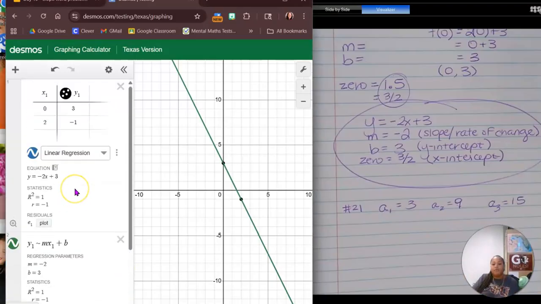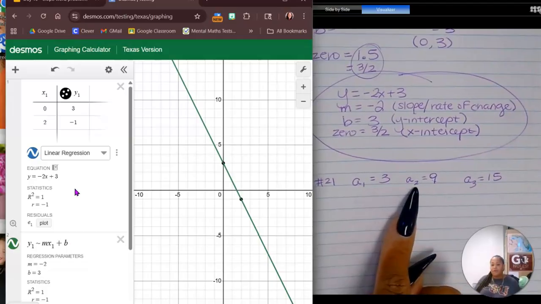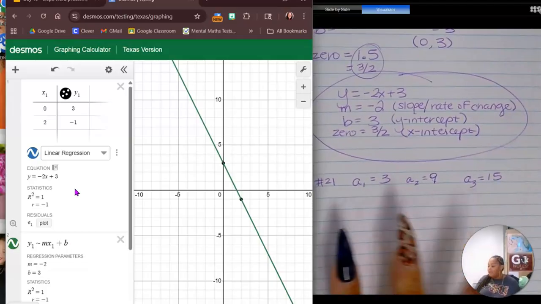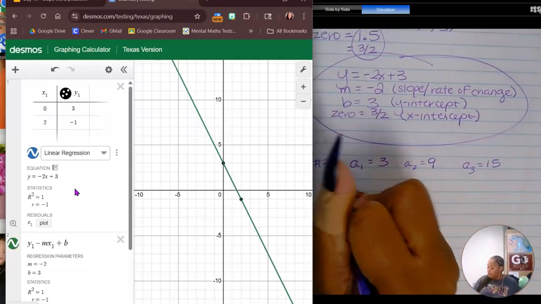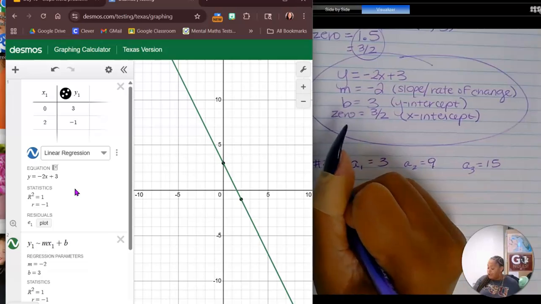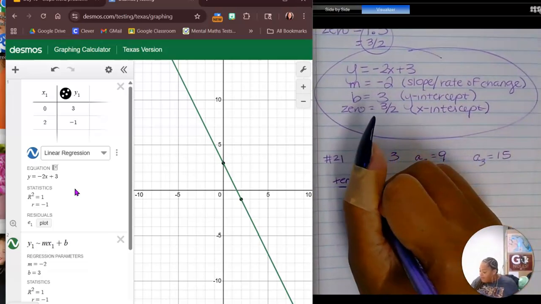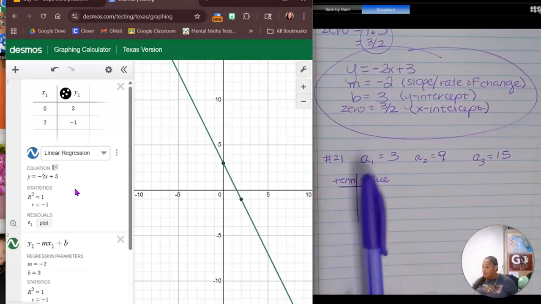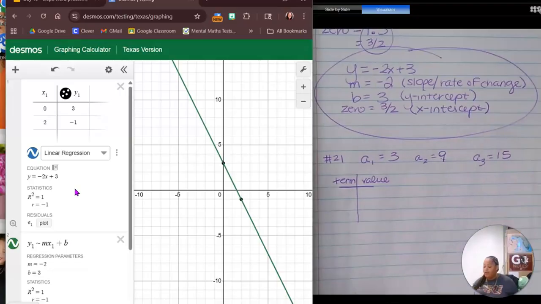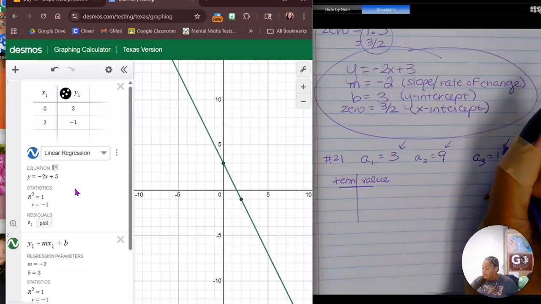All right, number 21 has a lot of us confused. So if these were coordinate pairs, I would need to make a table, and I would have my term, and then I would have my value. So there are 3 terms, 1, 2, and 3, and there are 3 values, 1, 2, and 3.